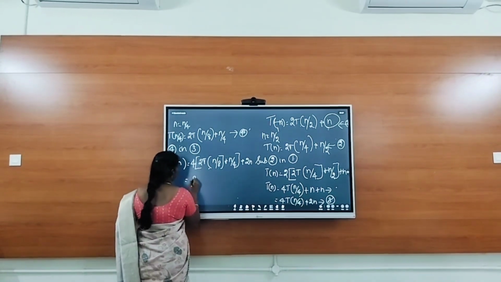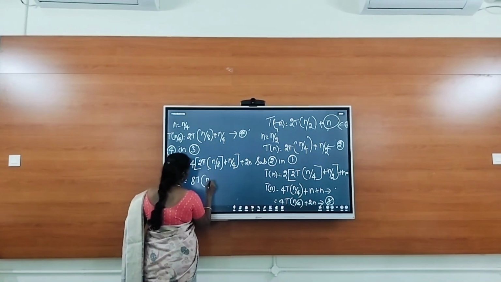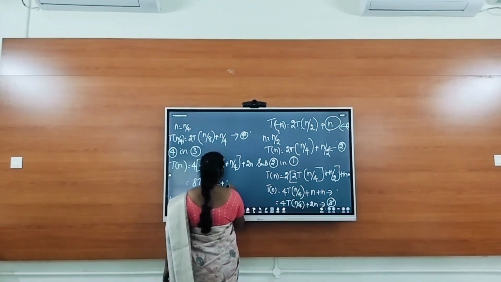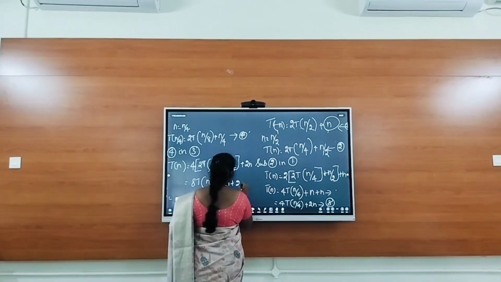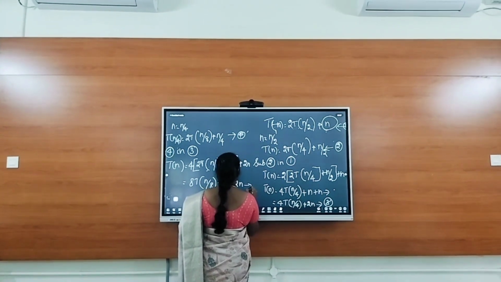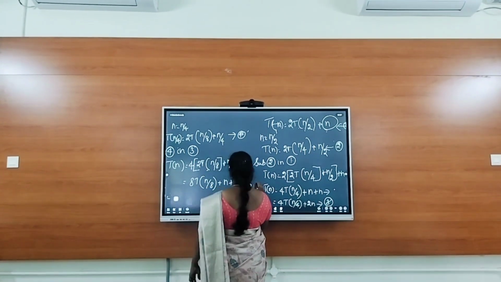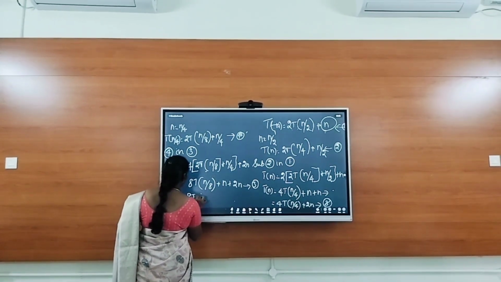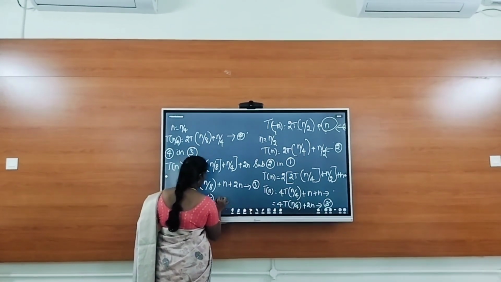So 8T of n by 8 plus n plus 2n. This is equation number 5, that is 8T of n by 8 plus 3n.